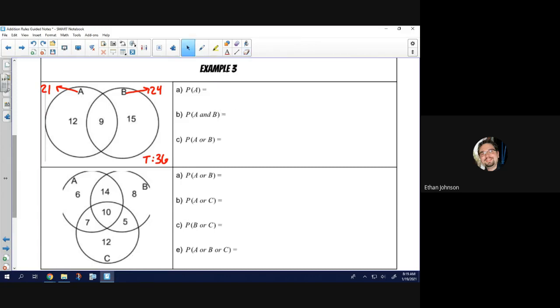I know. 21 out of 36. Part B says and. So we're looking at just the middle, just our overlap, our football shape. So that would be 9 out of 36.